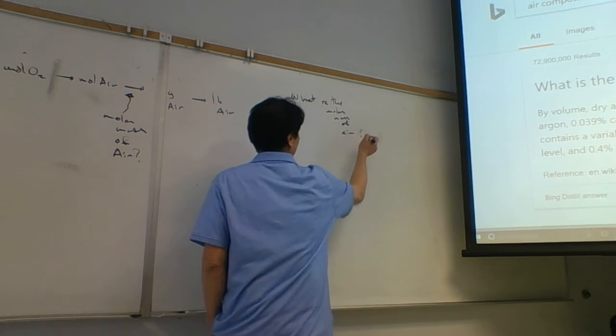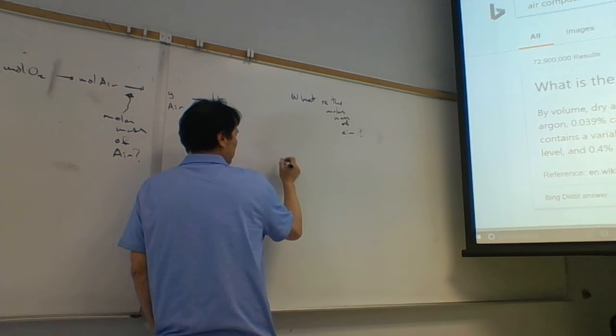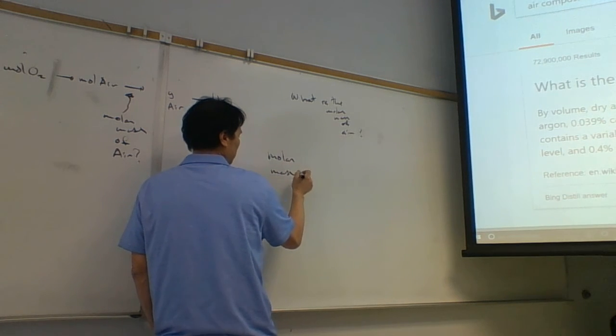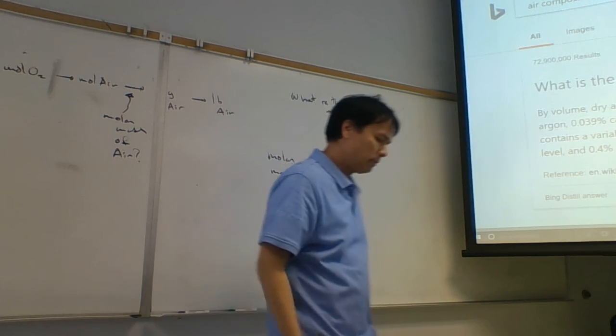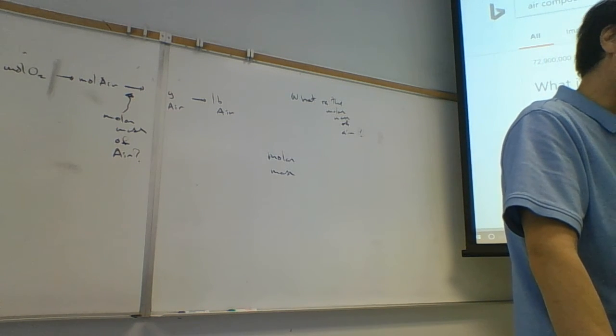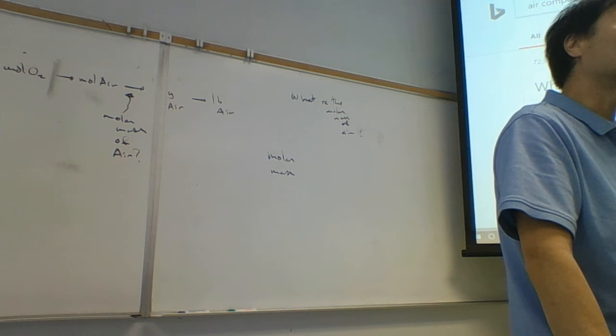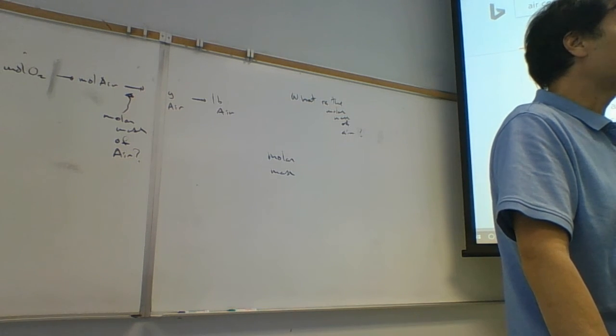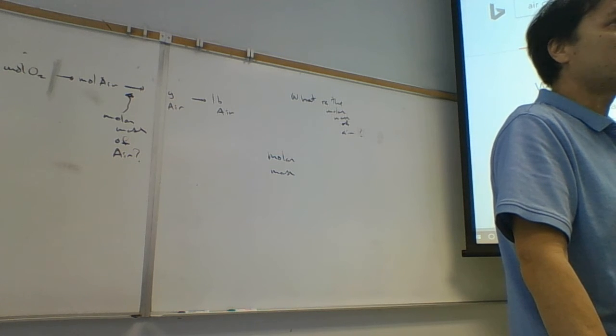And so what is the molar mass of air? Well, the molar mass of air can be determined by this. It's just the average mass. Now, what is the average mass of a molecule of air? Do you know what it is? Well, it's the same type of question as what is the average mass of an atom?